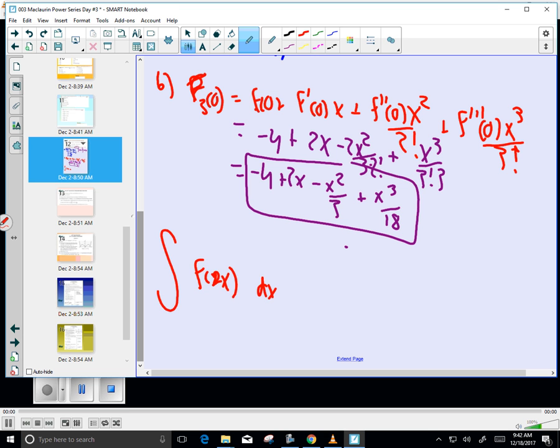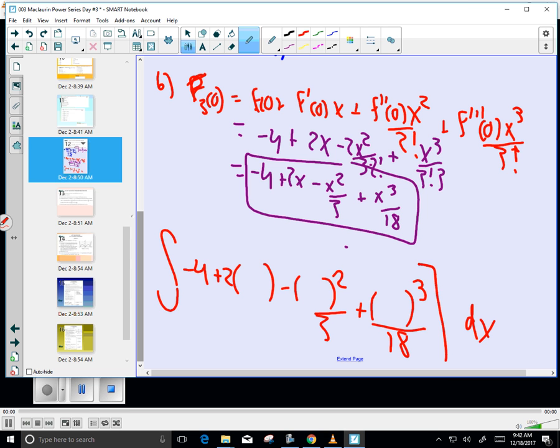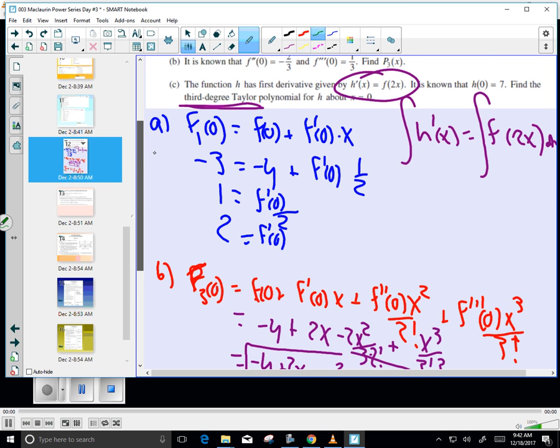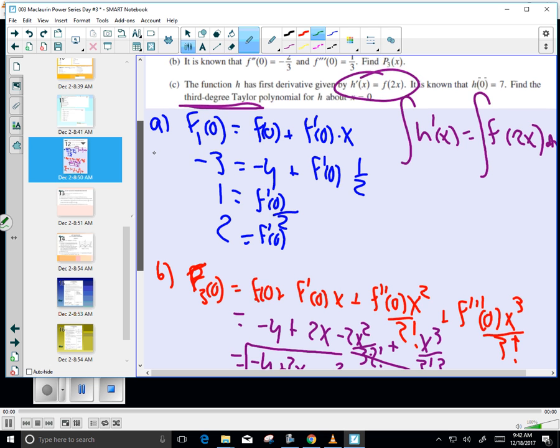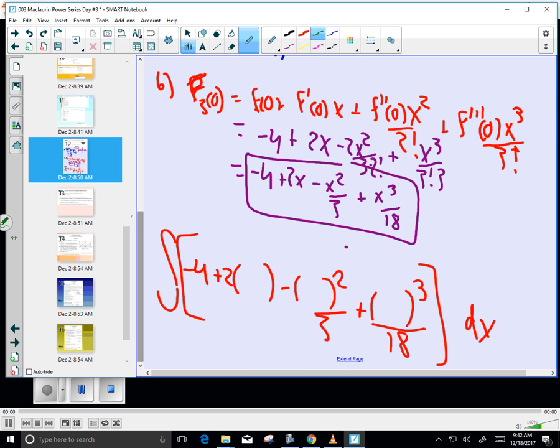So let's do a little bit of something here. Let's change this thing, negative 4 plus 2x minus this squared plus this cubed over 18 dx. And we're going to replace x with what? According to this thing. What are we going to replace x with? 2x. So put a 2x here.